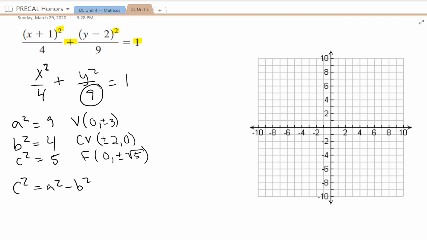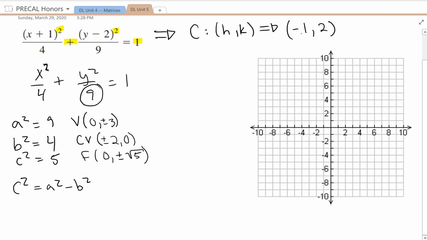But how do we get the shifted pieces? This equation here, h, k is the center of whatever conic we're looking at. So the center is h, k, that would be -1, 2.